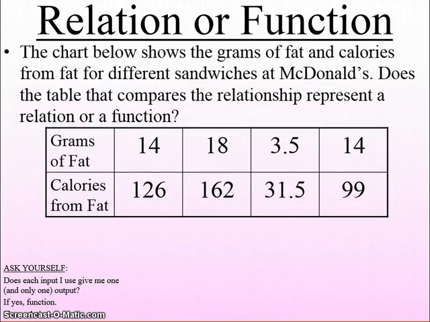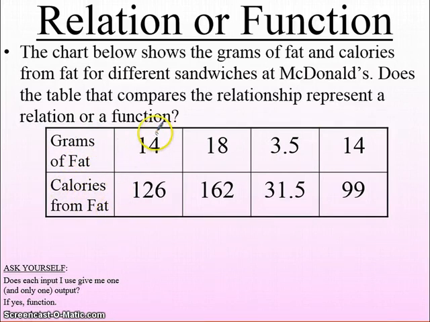The chart below shows the grams of fat and calories from fat for different sandwiches at McDonald's. Does the table that compares the relationship represent a relation or a function? So here we see the inputs, which are always listed first. So the grams of fat determine the calories from fat.